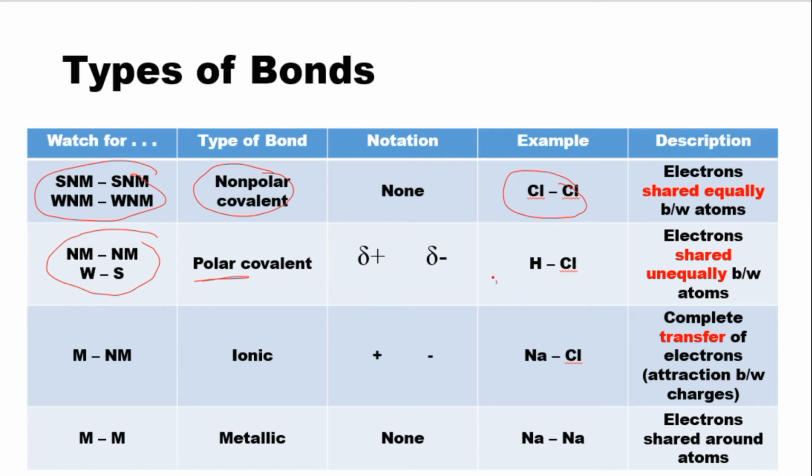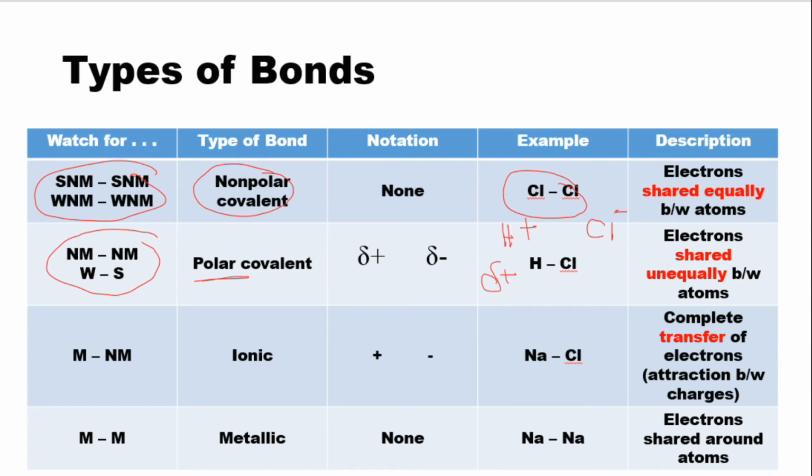So hydrogen is going to be partially positive, right? Hydrogen is also in group 1, so if it was hydrogen by itself, it would be hydrogen plus 1. If it was chlorine by itself, it would be chlorine minus 1. But now they're bonded together, so they no longer have their charges, but they're going to have partial charges. The little squiggly is a lowercase delta, which is a lowercase d in Latin.